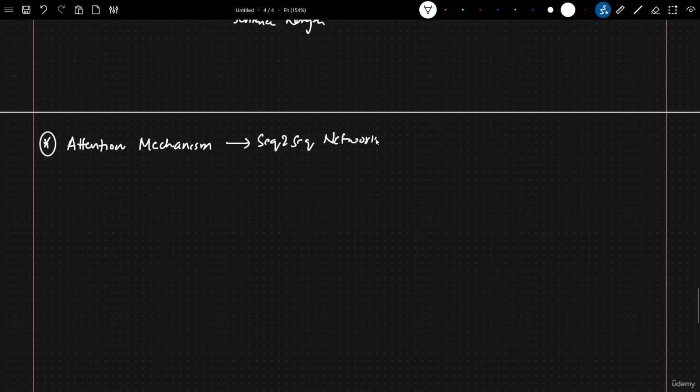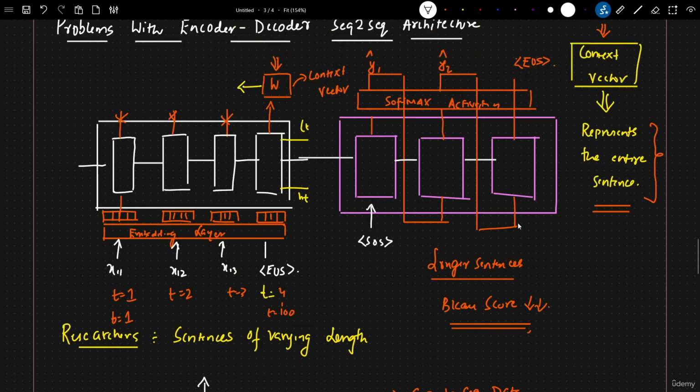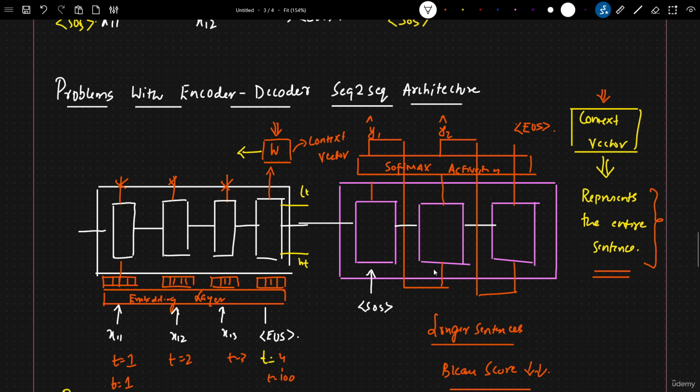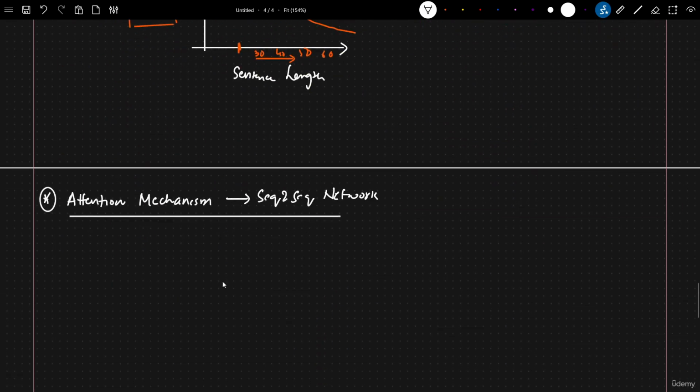We'll try to understand the architecture in the next video, what exactly change we need to make in this encoder and decoder, because this is my encoder, right? This is my decoder. The work is very simple. My encoder will encode the information and my decoder will decode back that particular information. That is why we use it for use cases like text generation, sentence generation, language conversion, right? Different kinds of use cases. So we will try to understand what exactly this attention mechanism is.